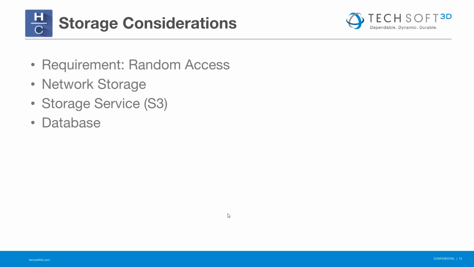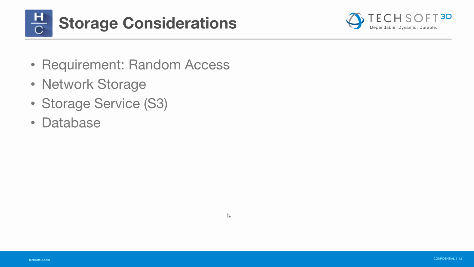So as we're seeking through the file, the network storage is going to be a little bit slower in most cases than having that data locally. So you're going to want to keep that in mind when you're doing your conversions and placing these files in network storage, that it will have some overhead.